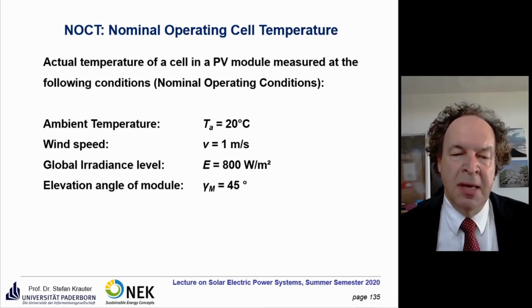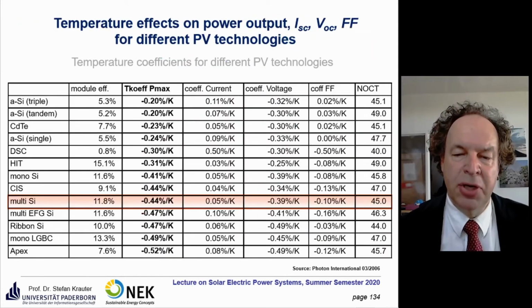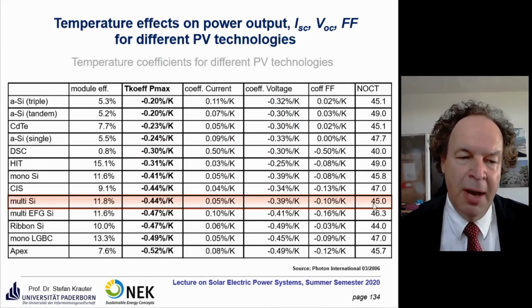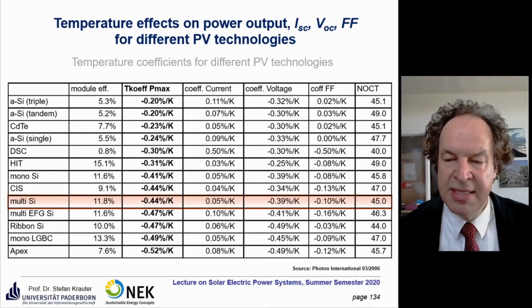Under these conditions, you then measure the temperature of the solar cell. Not only in the lab, you can do outdoor measurements, and this is the NOCT, the nominal operating cell temperature, as you see here on this graph. For the example of the multicrystalline solar cell, it's about 45 degrees Celsius.